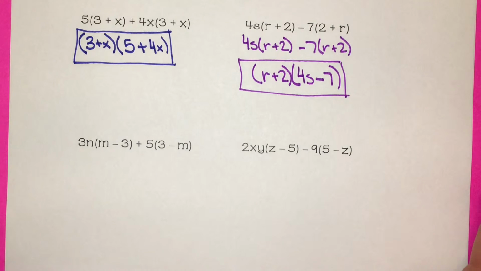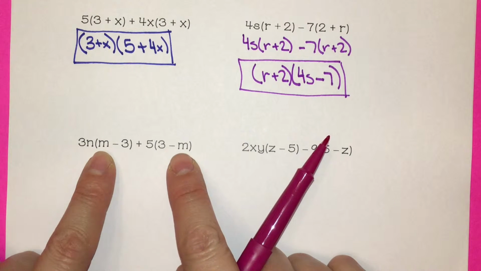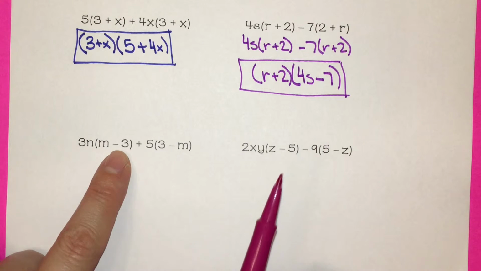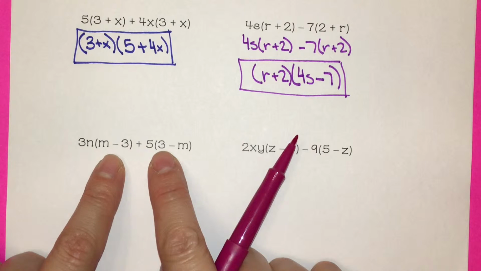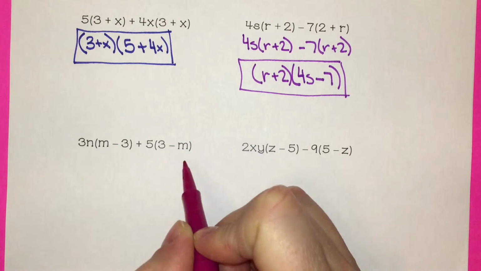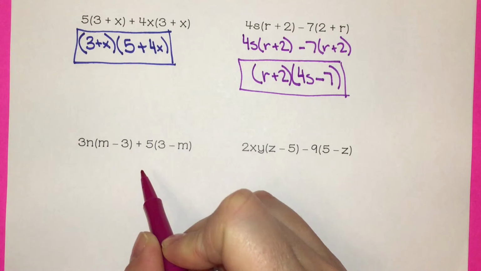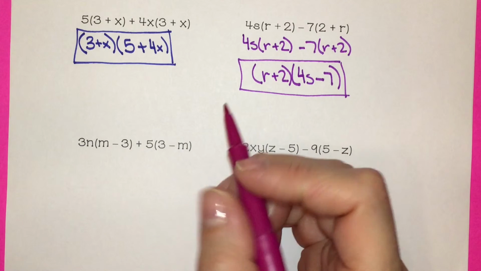So they look similar, but in the first parenthesis, the m is positive, second one's m's negative. First one's negative 3, the second one's a positive 3. So what we can do is if we factor a negative 1 out, dividing everything inside by negative 1, we can get them to be the same.